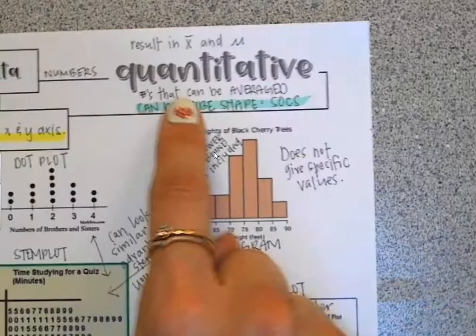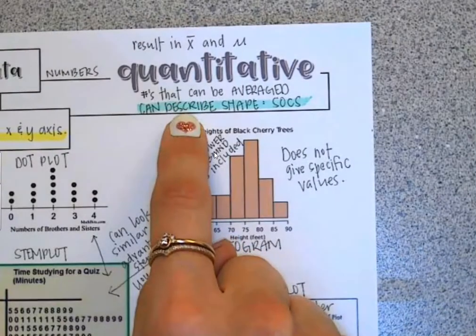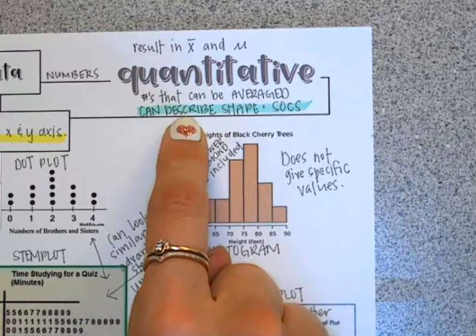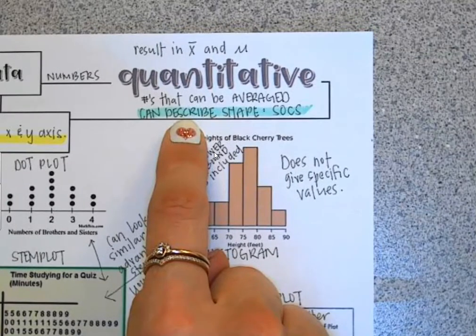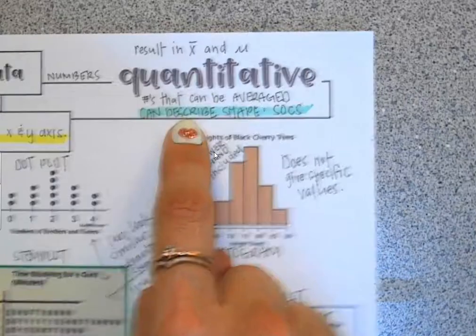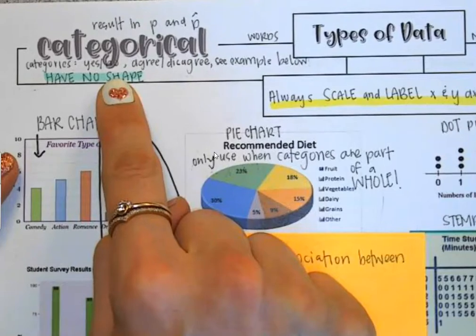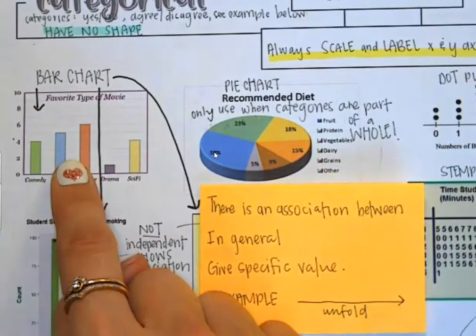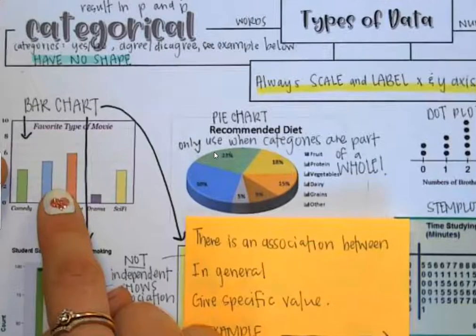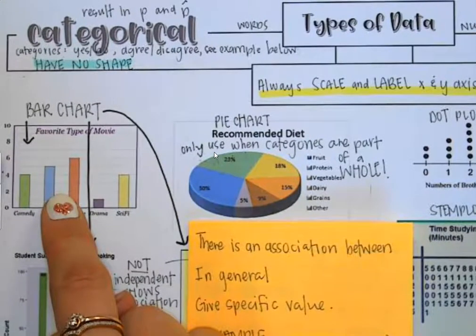So quantitative data has a shape. You can describe the shape, and you describe the shape by doing shape, center, spread, outliers. Categorical data has no shape. You never say that this is approximately symmetric. That's not how categorical data works.